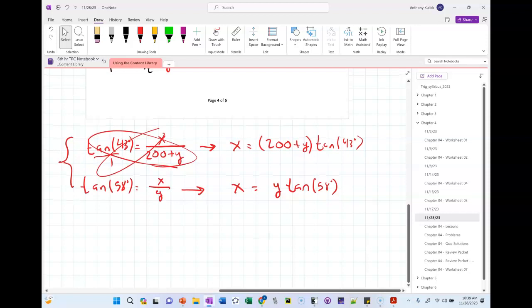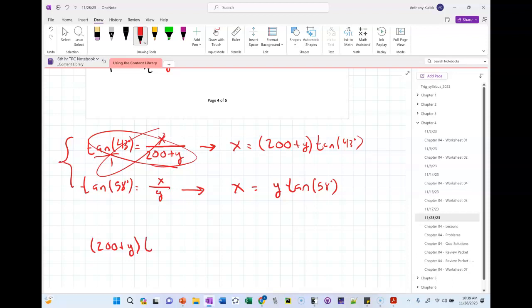Since they're both equal to x, I can then set them equal to each other. And what I have now is one equation that has just one variable in it, y. Now that y is in two different places, to solve for y, I'm going to start by distributing the tan 43.